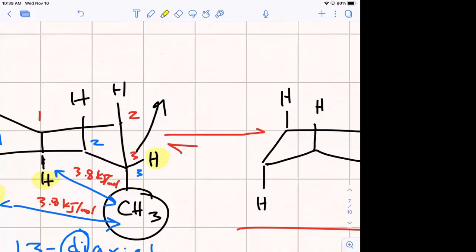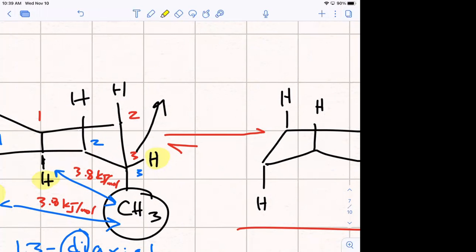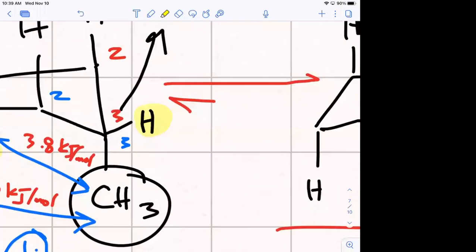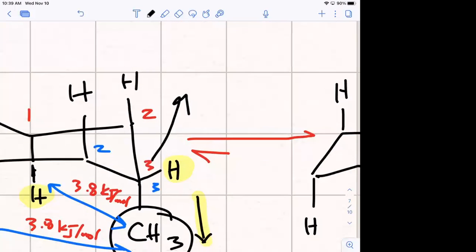Because every carbon is going to have an axial site and an equatorial site in that ring, right? So axial is vertical, either vertical going up, or vertical going down. In this case, the methyl is pointed down. Do you see that? Yes. Over here, this hydrogen is axial also, but it's pointed vertically upward. Okay.